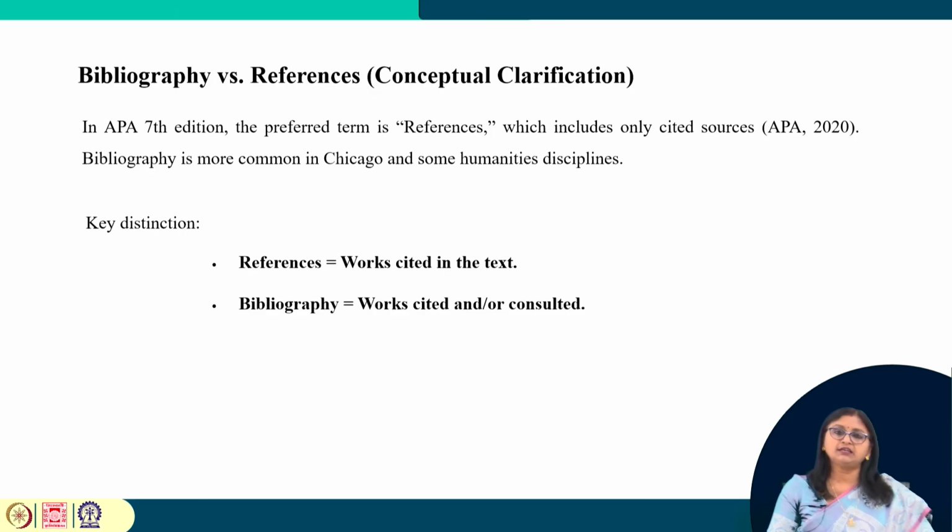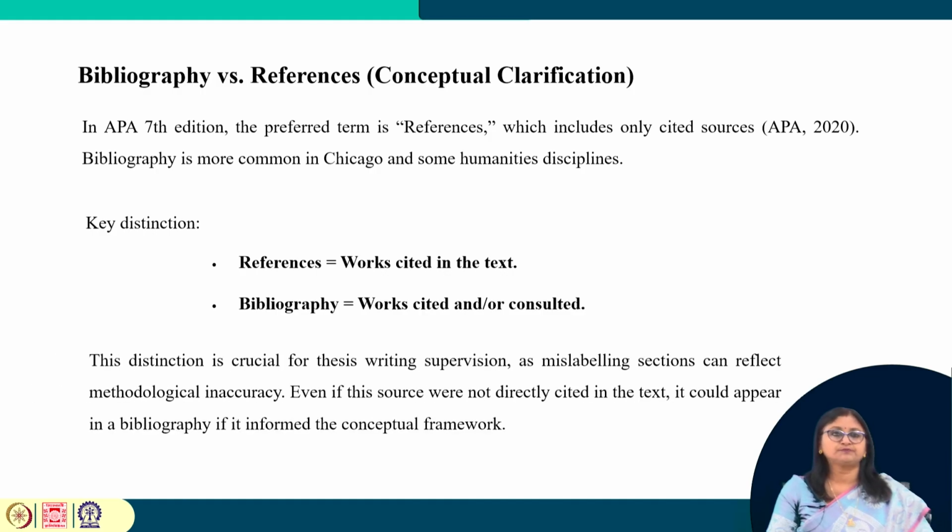Whatever we have cited in our text, only those will come under the references, whereas the bibliography equals works cited and or consulted. If you have not cited a source in your research paper or assignment, but you have consulted it, you can mention it in the bibliography section. So, the bibliography is a broader term than the references; it includes the references itself.